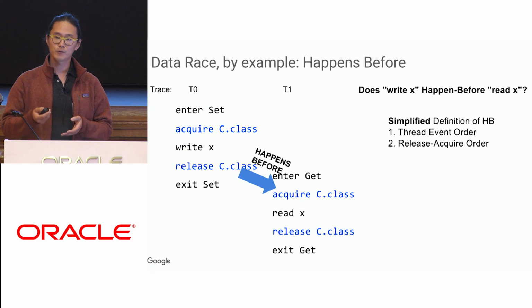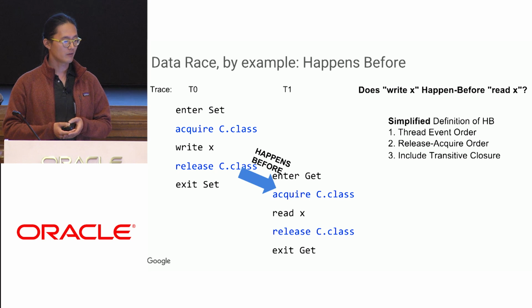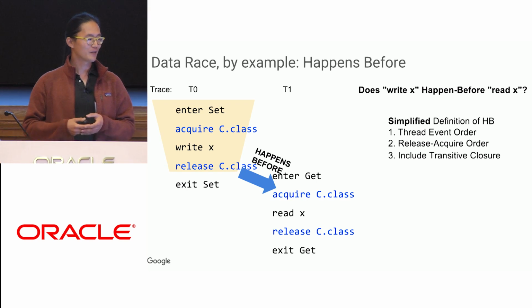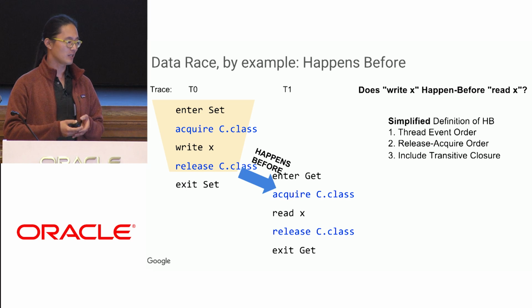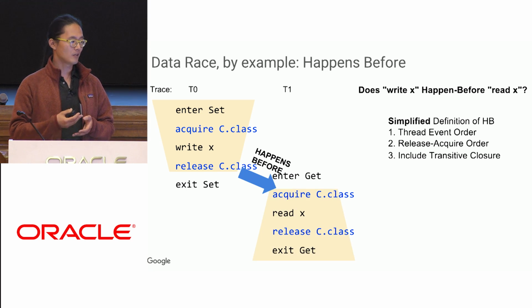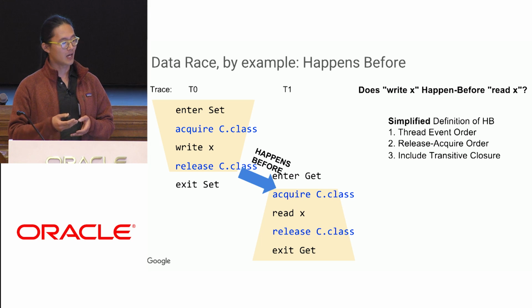And finally, to bring it all together, you bring in transitivity, and now we can talk about the famous cones of causality, where all the events that are known to T0 up until that release happen before all the events that follow in T1 after that acquire.